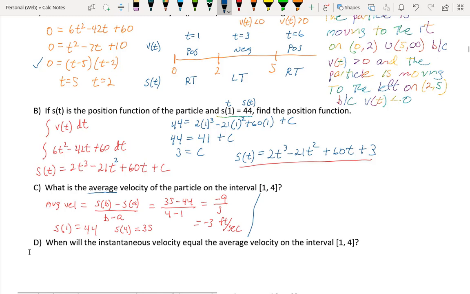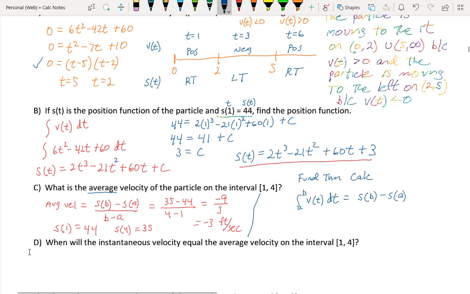If you look at the fundamental theorem of calculus, it says that the integral from a to b of some function, and I'm going to use v of t since we're using velocity in this case, v of t dt, is equal to S of b minus S of a, because the integral of v would be s, right?